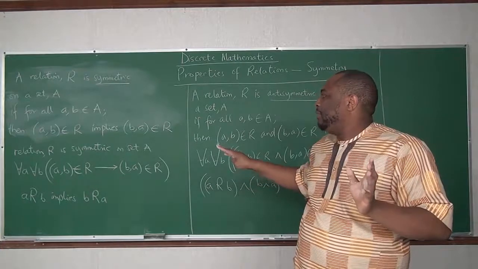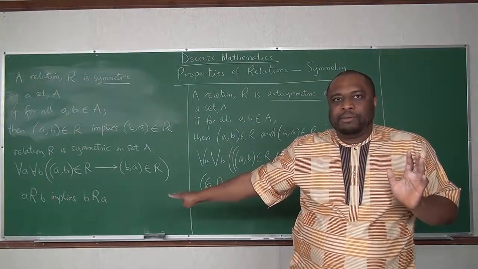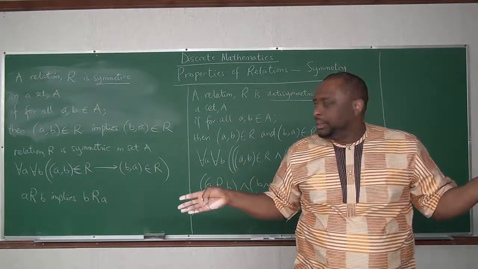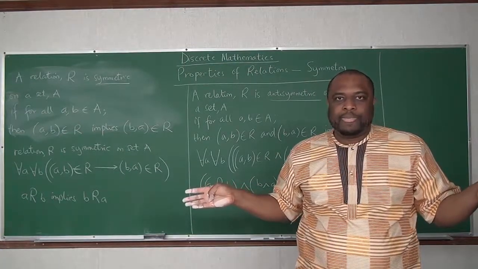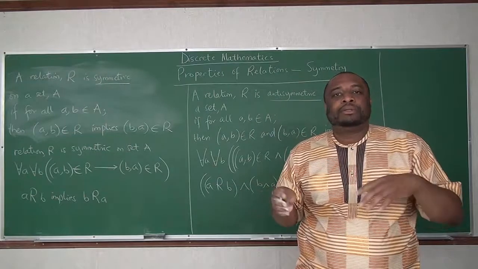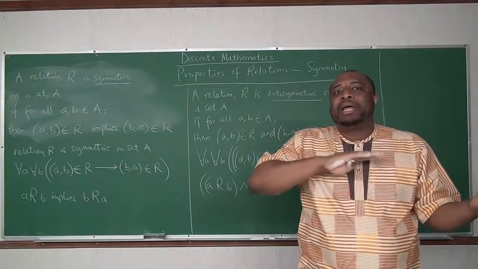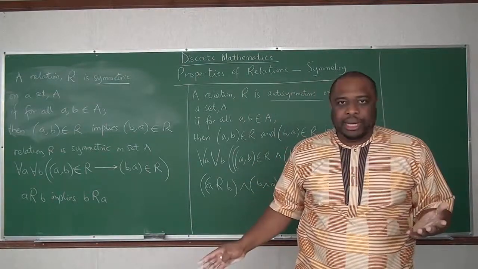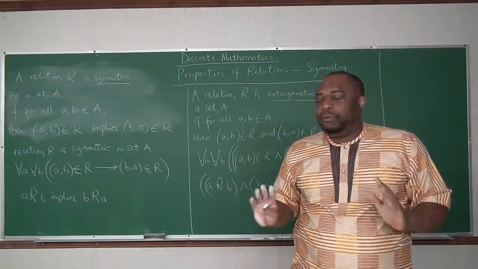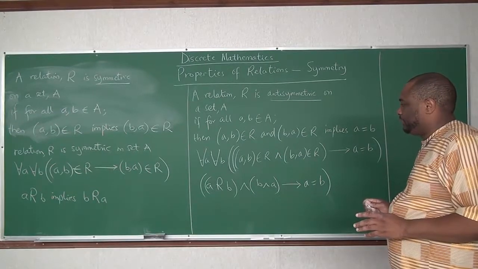We have AB is an element of R, but BA is not an element of R. So with an asymmetric relation, whenever you have A relation B, you do not have B relation A. That is an asymmetric relation.